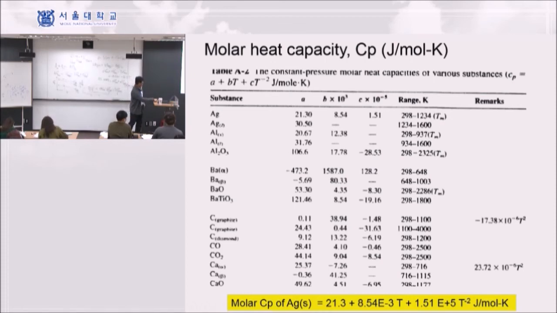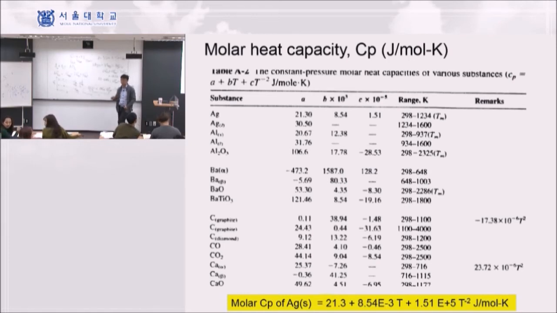So in general here, for example the very first one, Cp of Ag solid equal to 21.3 plus 8.54 times 10 to the minus 3 times temperature plus 1.51 times 10 to the 5 T to the minus 2. Is it okay? And joule per mole Kelvin, of course.